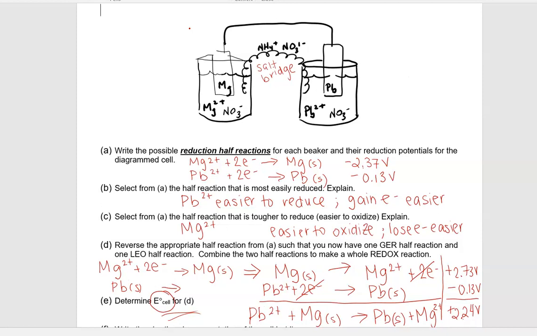So your flow of electrons, first of all, your anode and cathode. Your anode portion is the negative portion, so that is your anode. And this is the side that's being oxidized. So the side that's being oxidized is considered your anode, and your reduction, I'm going to label that reduction.